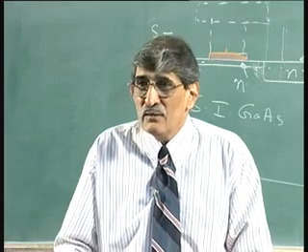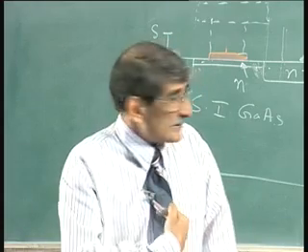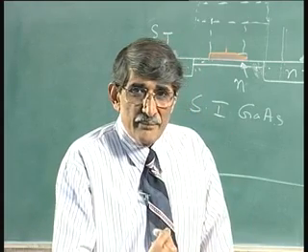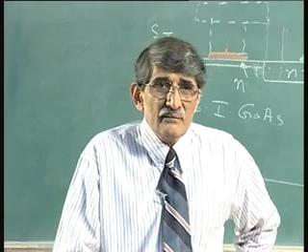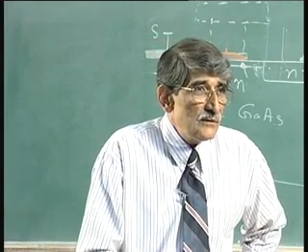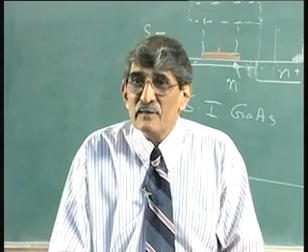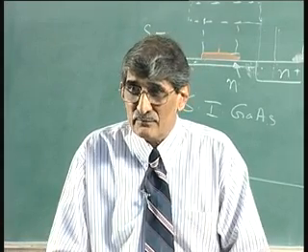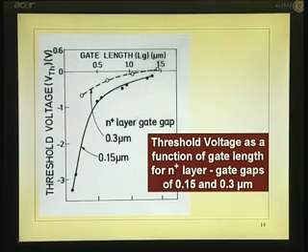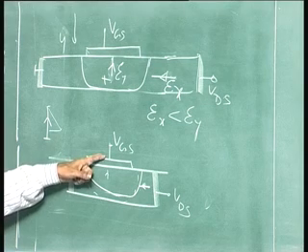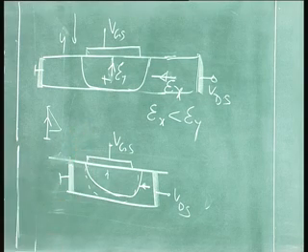That is why, in situations where the field in the x direction is larger, you require a larger field in the vertical direction. That means a larger voltage has to close it down. That means the threshold voltage is larger negatively. See, if this field is larger, if this voltage is larger negatively in that direction.